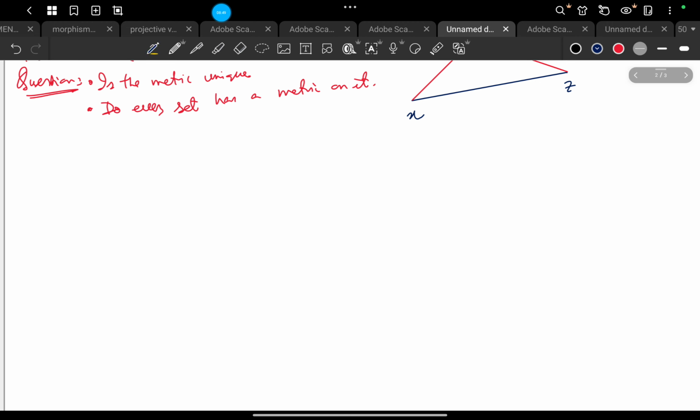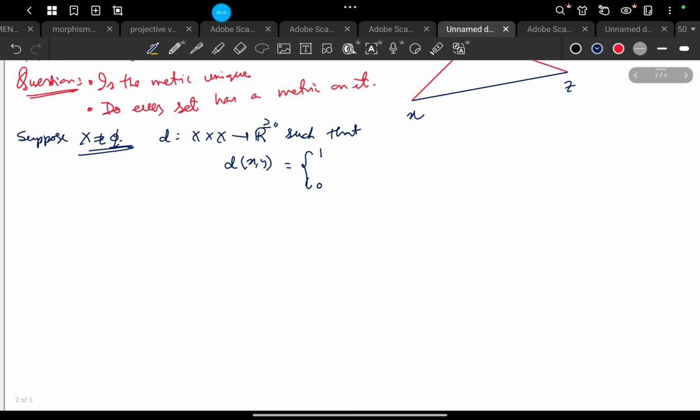Suppose X is a non-empty set, and I am defining the metric d from X cross X to R, greater than or equal to 0, such that d of x comma y is either 1 or 0.